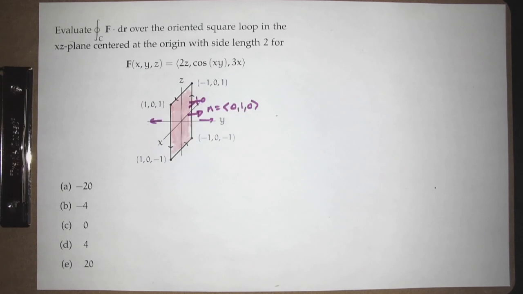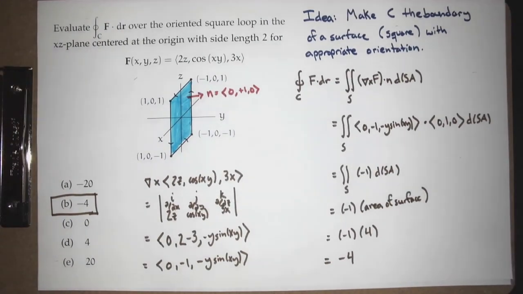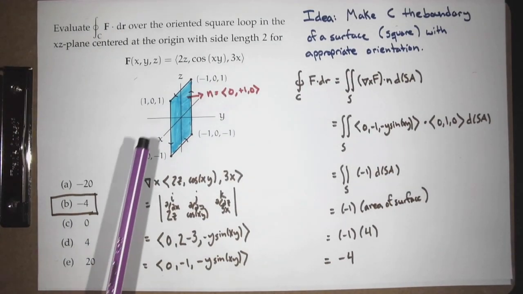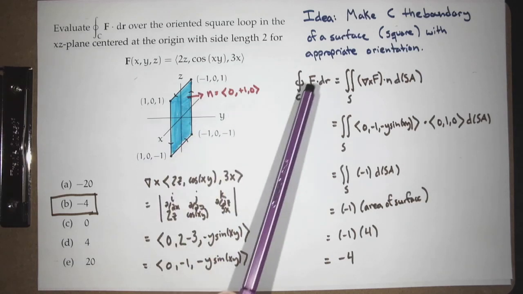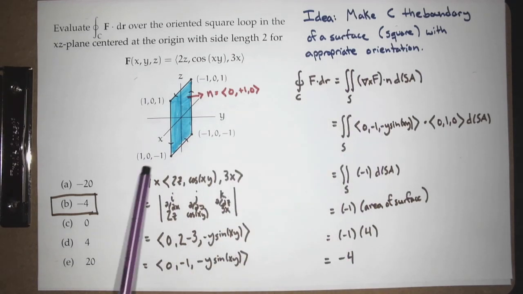So now apply Stokes' theorem. And what do you get? The answer is B. All right. So we had our normal. We filled it in. So you need to find the curl. So we're doing a curl computation.